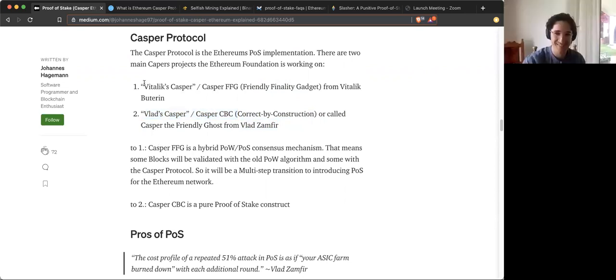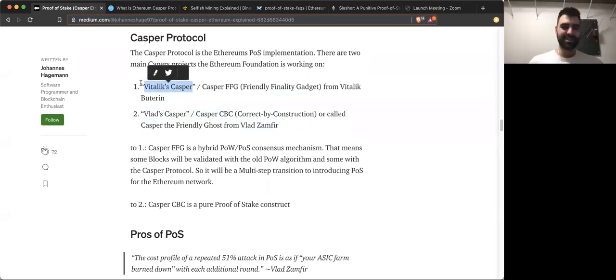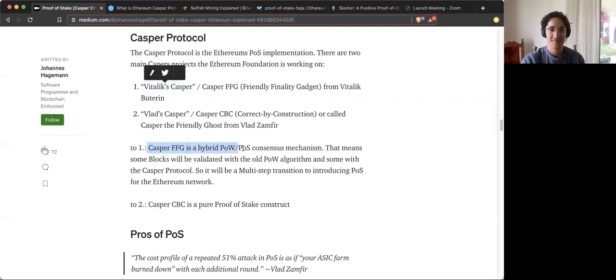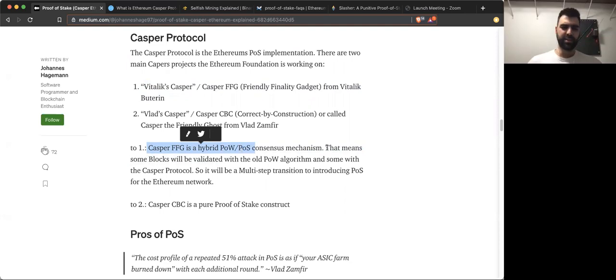I can't think of it. But okay, so I think what's important to understand is that Vitalik's Casper is a hybrid between proof of work and proof of stake. So I think the way this works is that there's proof of work still implemented, but after a fixed epoch time of, let's say, 300 blocks, validators vote if the history is valid, and that locks in the history after that epoch.